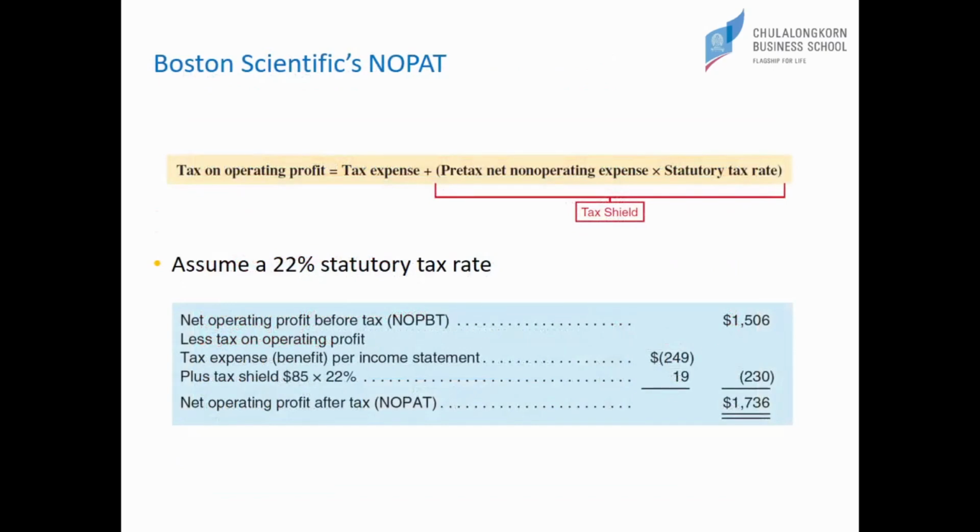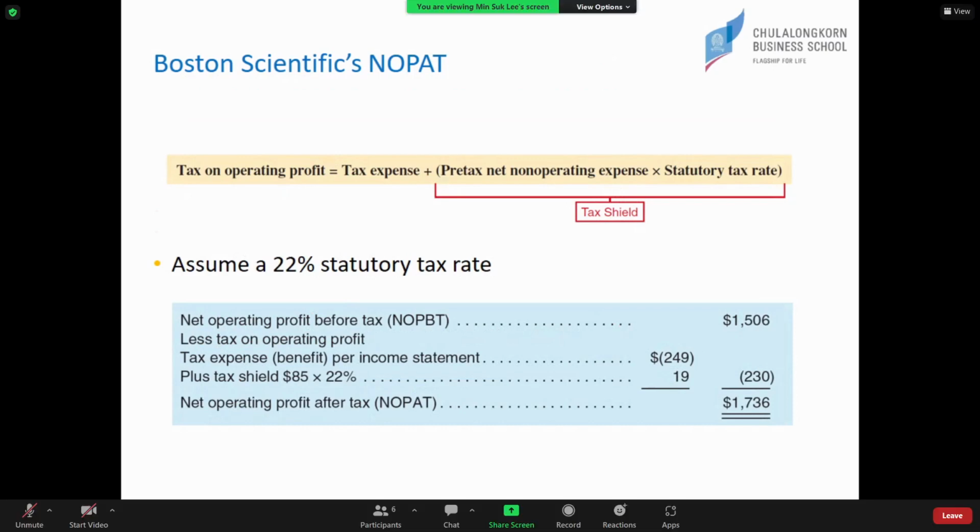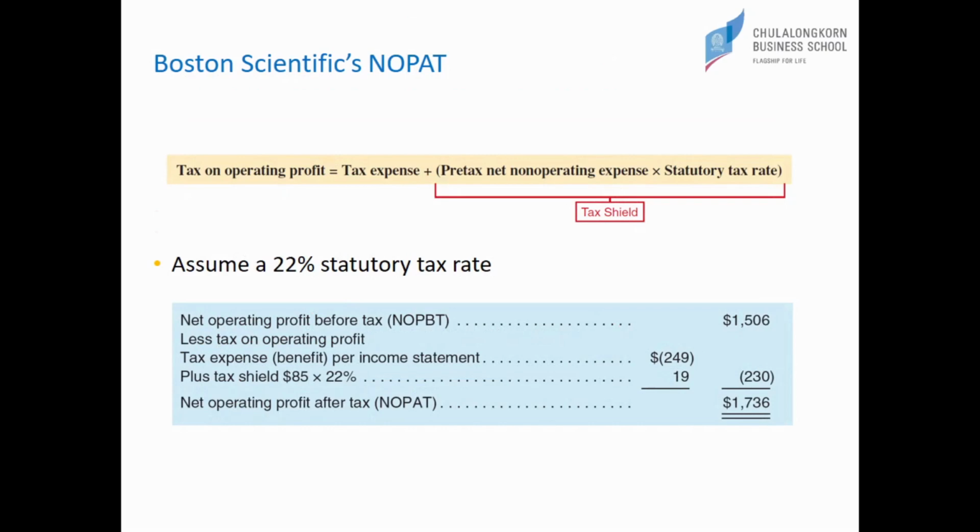So assuming 22% tax rate, we can start off from this NOPBT of $1,606 million, and you subtract this tax on operating profit. Okay? So you get 1,736.